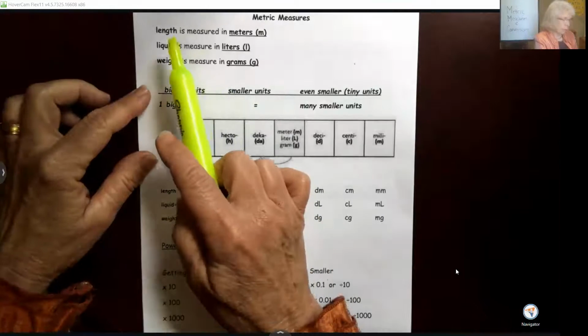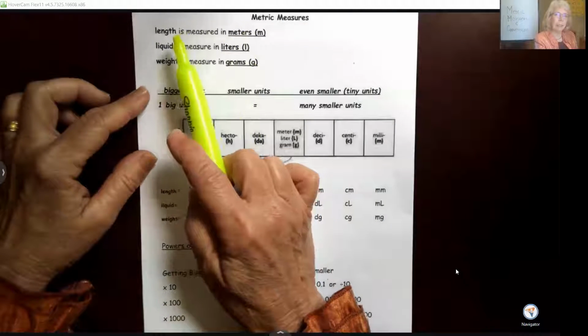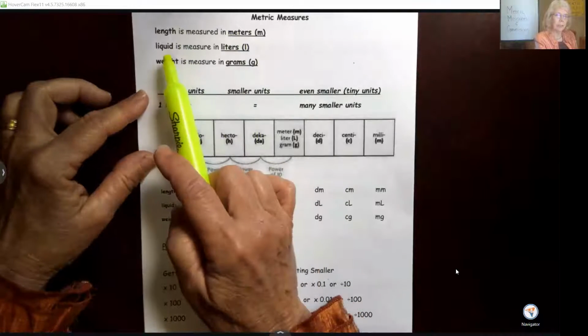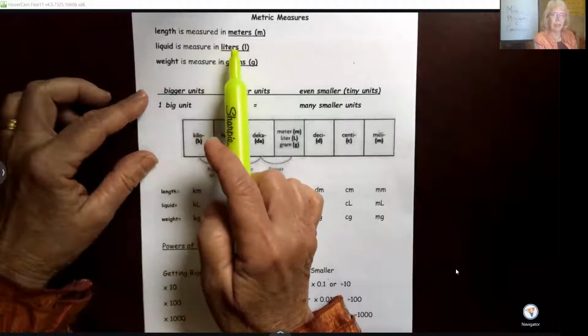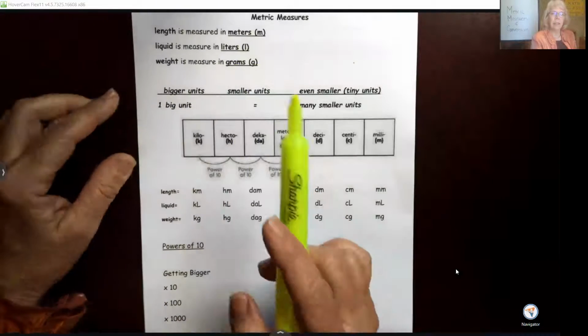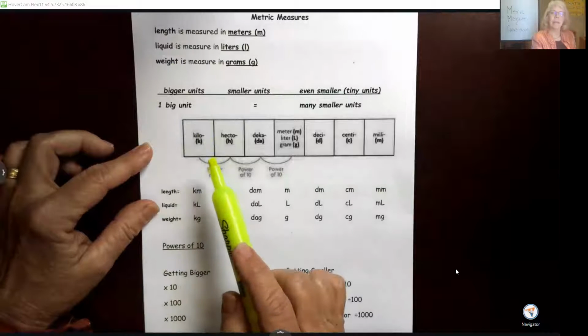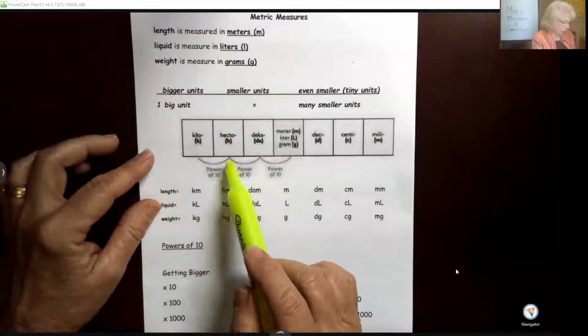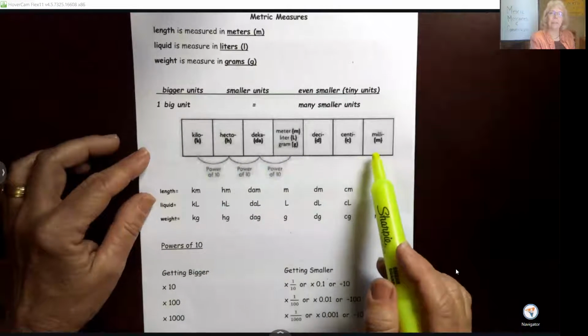So this part might be review. In the metric system, length is measured in meters, liquid is measured in liters, and weight is measured in grams. So this chart here, which you'll find in textbooks, is showing you how powers of 10 work in the metric system.